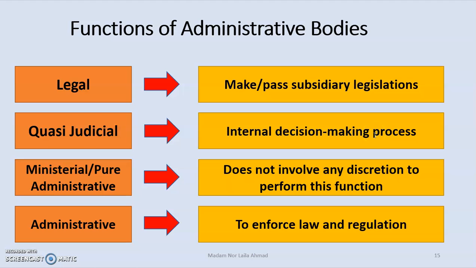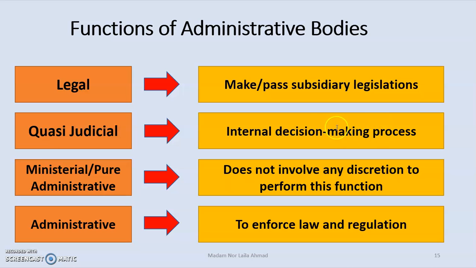Even in UiTM, we have a platform known as the disciplinary board, board of discipline, right? For example, if we find a student cheating in examination, we cannot simply impose sanction on the student, but we need to conduct a disciplinary proceeding, conduct a just hearing. This student is allowed to call witnesses and to provide evidence.